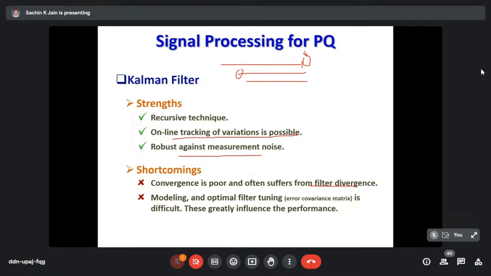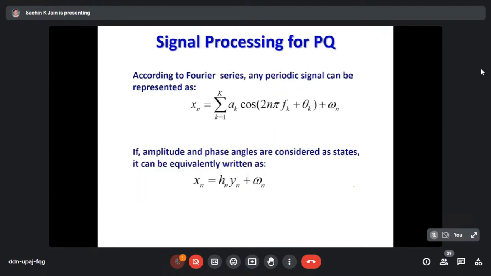So many kinds of Kalman filters are there which overcome some of the drawbacks. But again, every coin has two sides. They have some other drawbacks. So I'm focusing on basic fundamental techniques, but I'm not going into details of their variants in each of these techniques.